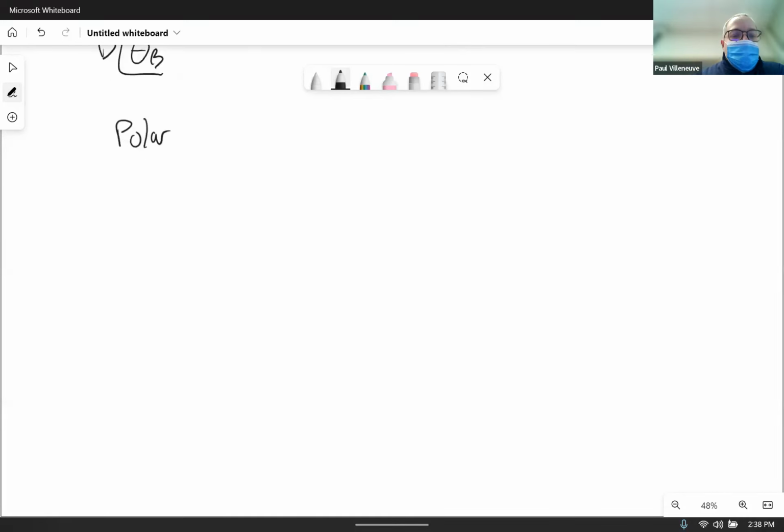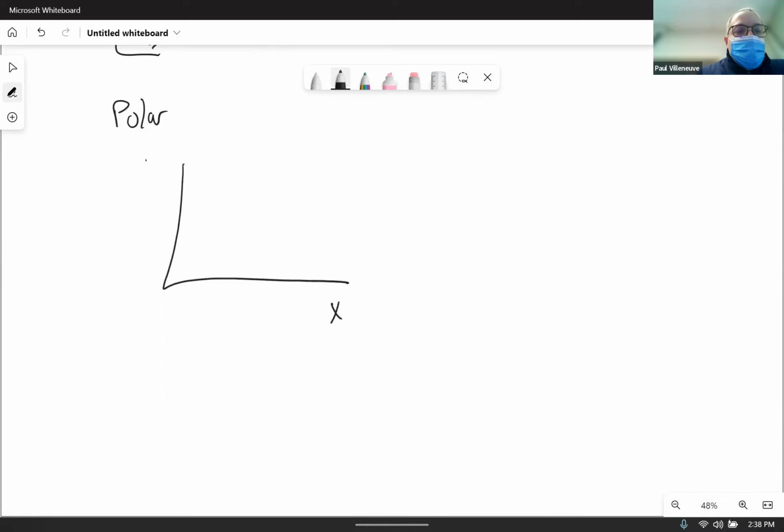Okay, so let's break it down a little bit more. This is an XY axis, correct? So XY is Cartesian. And if we're working with 2 dimensions, you can work in either Cartesian coordinates or polar coordinates.